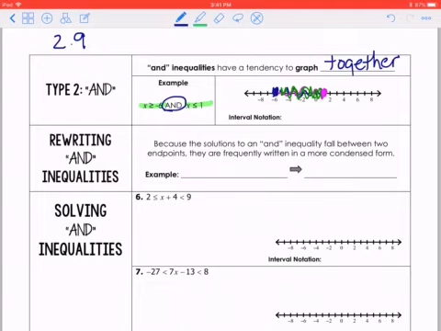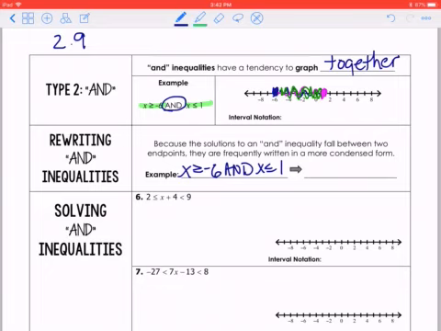So if we look at the next part here, rewriting AND inequalities. Because the solution to an AND inequality falls between two endpoints, they're frequently written in a more condensed form. So if we take what was up there, we originally had x was greater than or equal to -6, and x was less than or equal to 1.